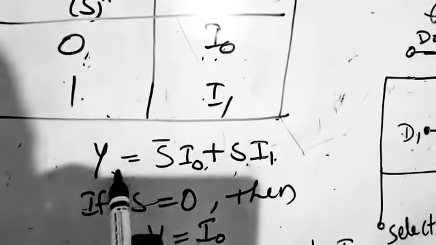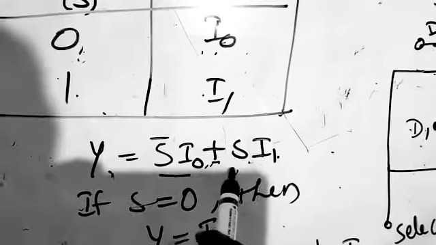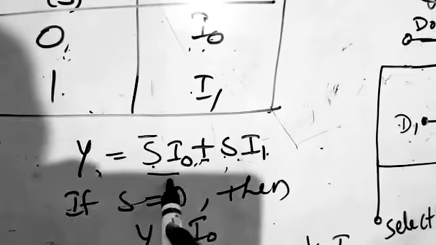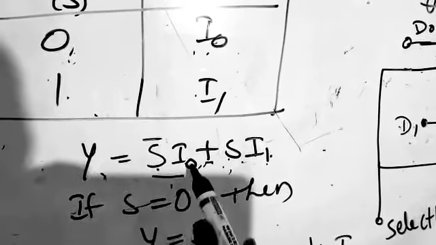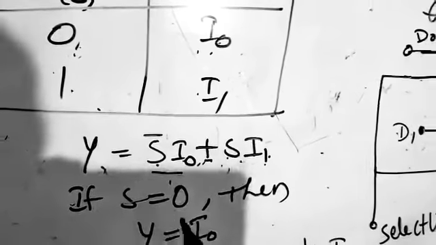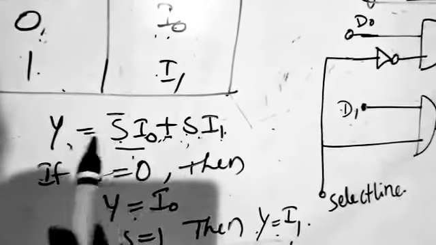Again, we can represent this multiplexer by a logic diagram. If you observe the boolean expression, it has AND and OR operations. S bar and S are the select lines, and I0 and I1 are the input lines. We can also consider these as D0 and D1, nothing but data lines. By considering this expression we can design the logic diagram.